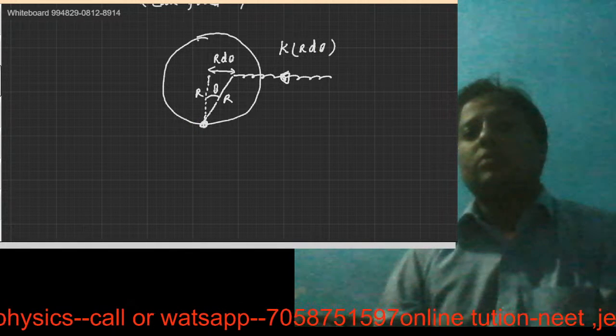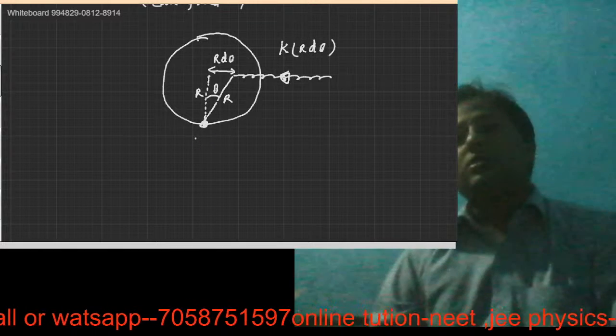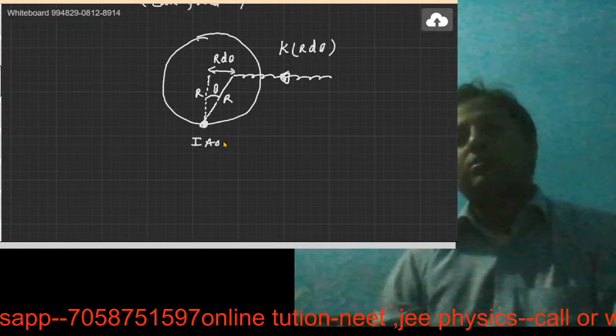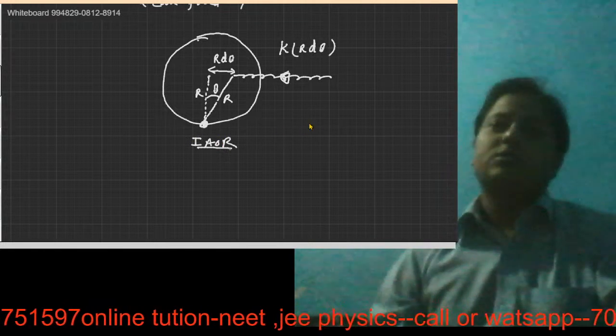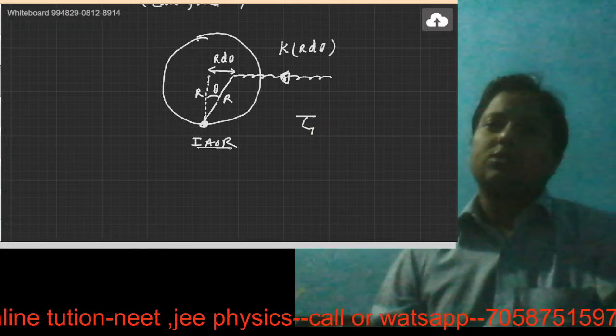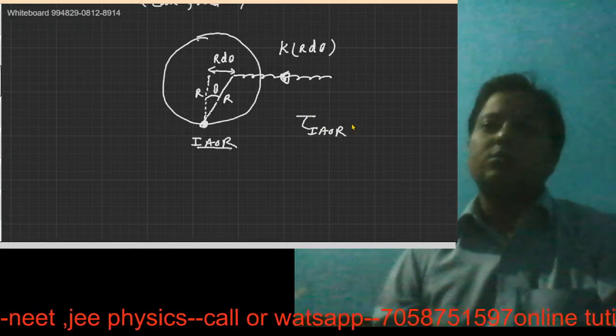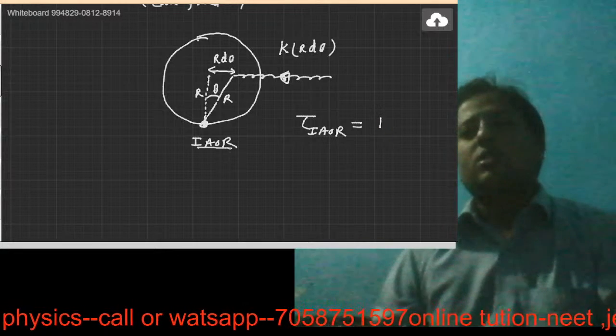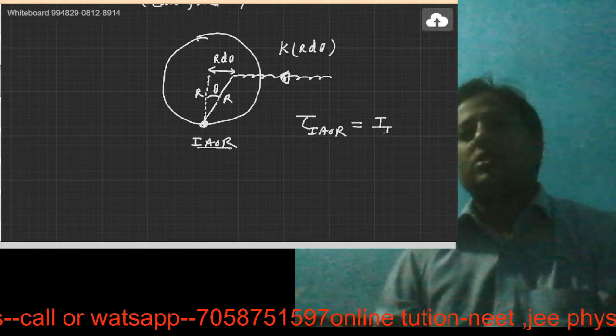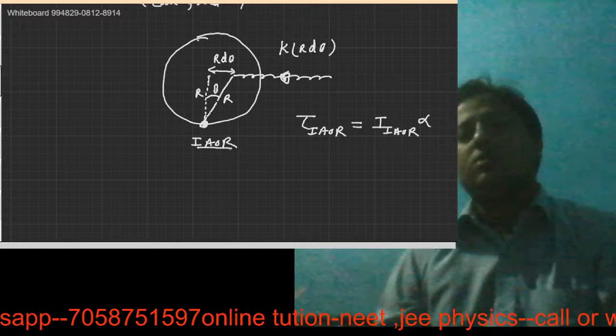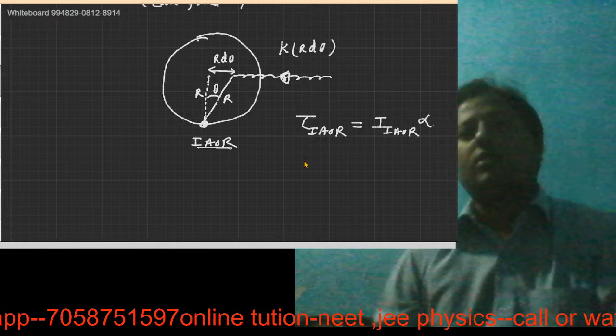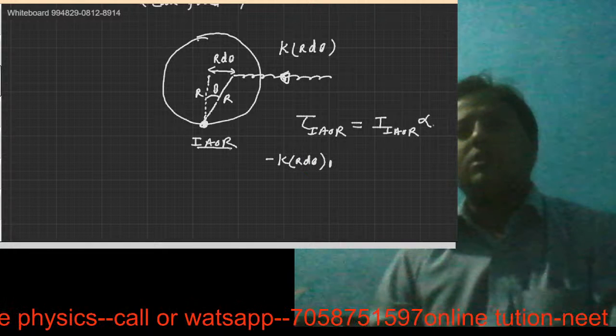So if this is the point P, the instantaneous axis of rotation point, then the torque about the instantaneous axis of rotation is I about the instantaneous axis of rotation into alpha. And what is the torque? Torque is minus k r d theta multiplied by r.